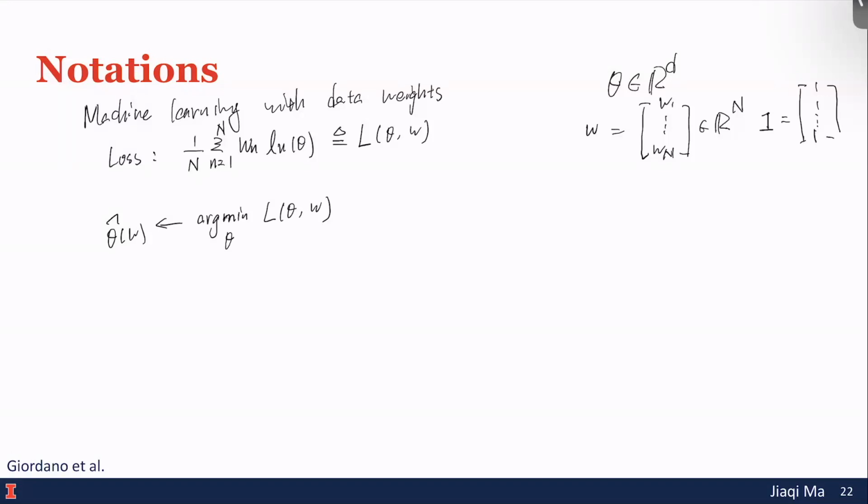We're also going to introduce several functions for notational convenience. Specifically, we're going to denote g_n(theta) as the gradient of L_n(theta), and H_n(theta) is the Hessian.